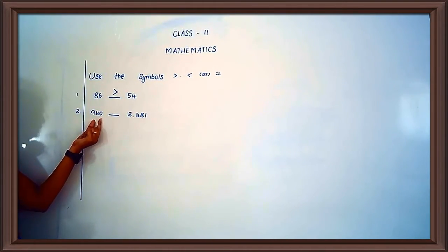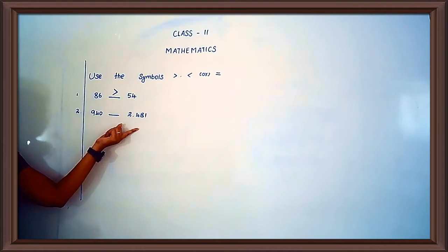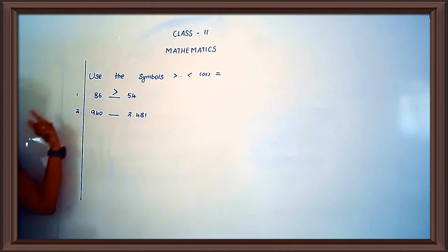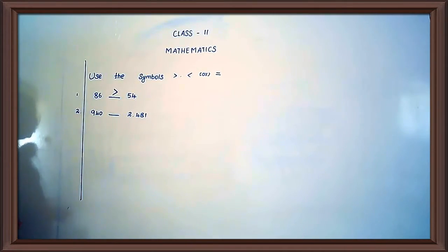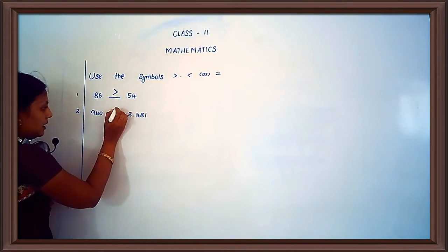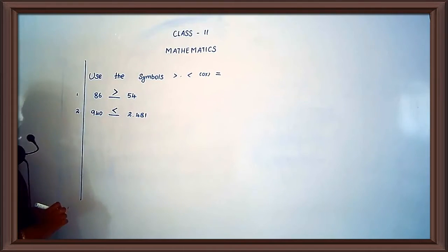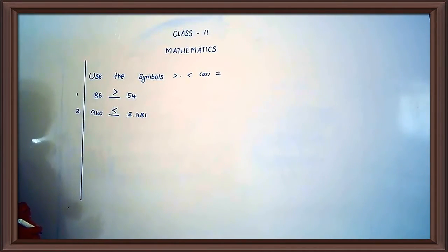This side is a 3-digit number and that side is a 4-digit number. 3-digit number is the greatest number or 4-digit number is the greatest number? 4-digit number is the greatest number. So we have to use the symbol for less than. Okay, how do you read this one? 940 is less than 2481.